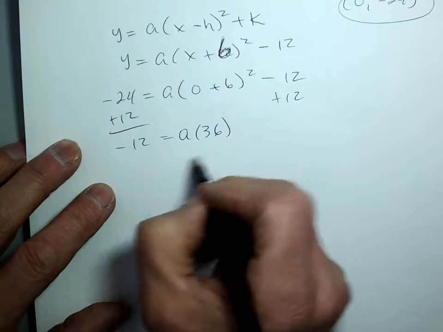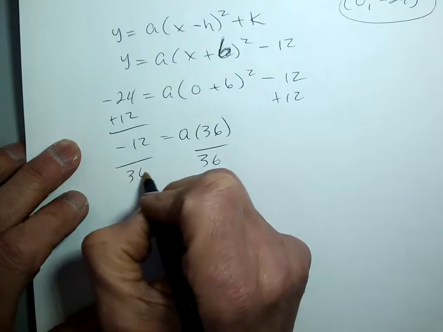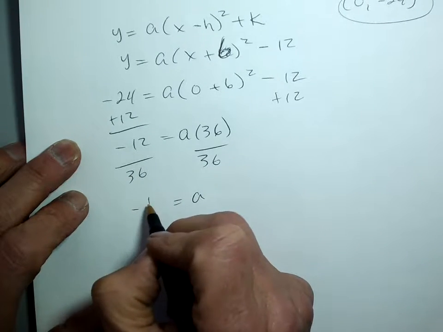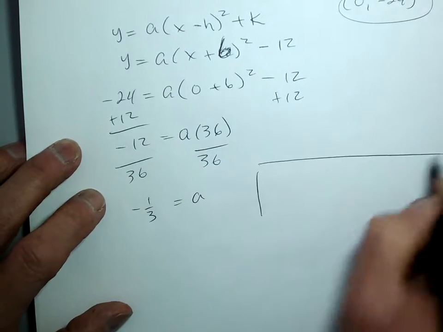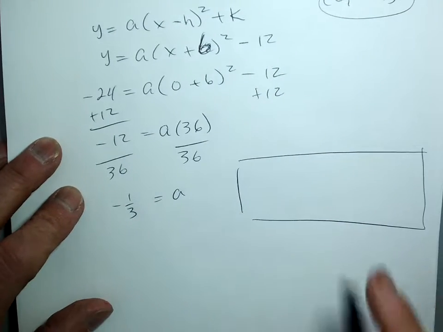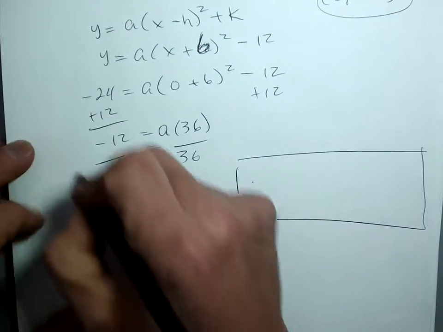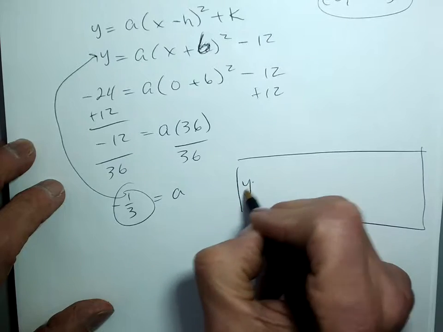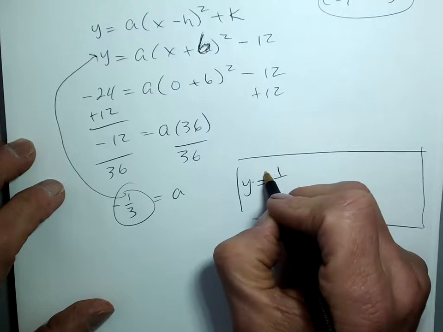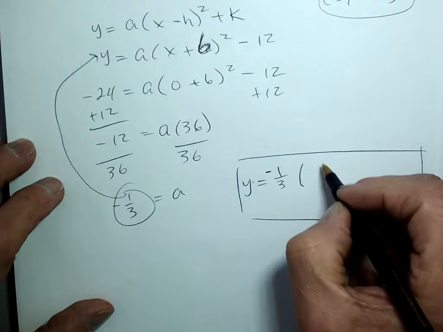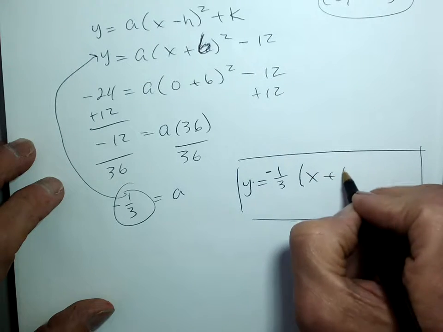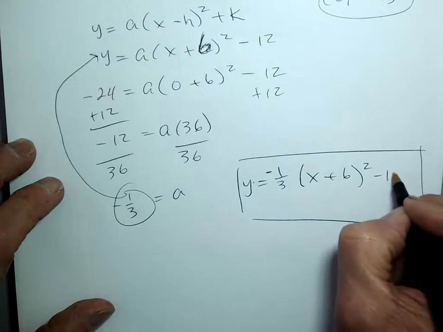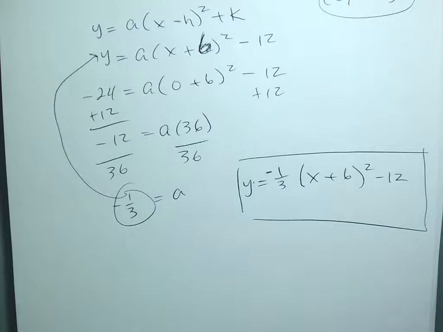Divide by 36, and a is negative 1/3. So, grand answer, take that, put it right there: y equals negative 1/3 times x plus 6 squared minus 12. Okay, you guys can do that tomorrow?